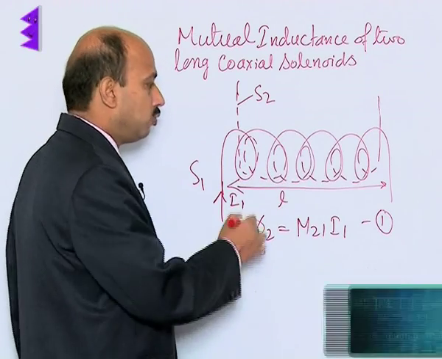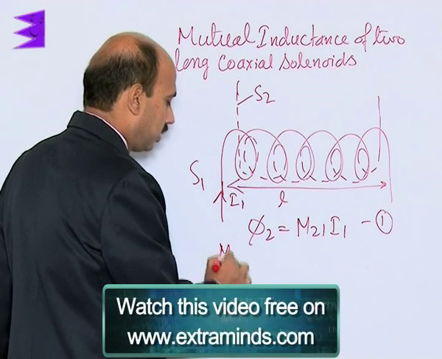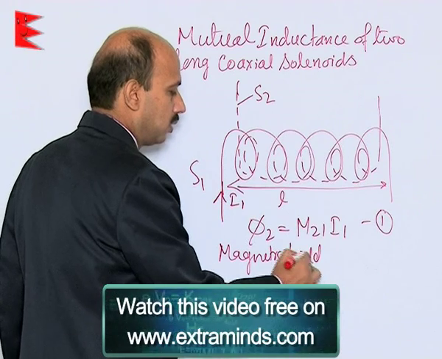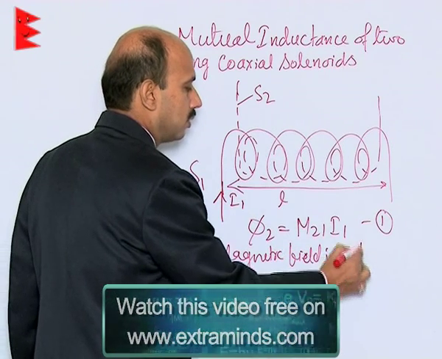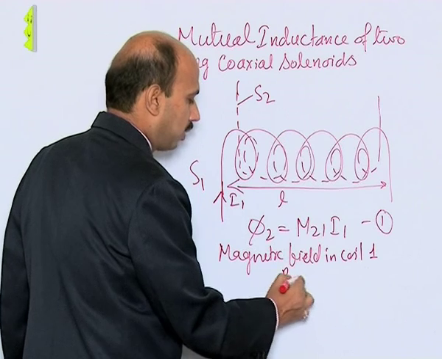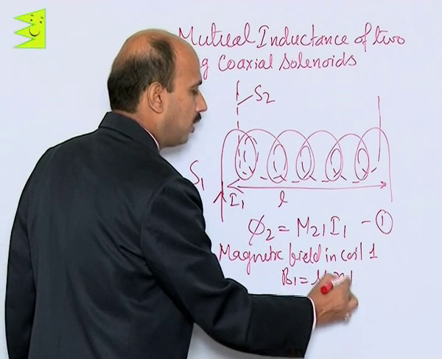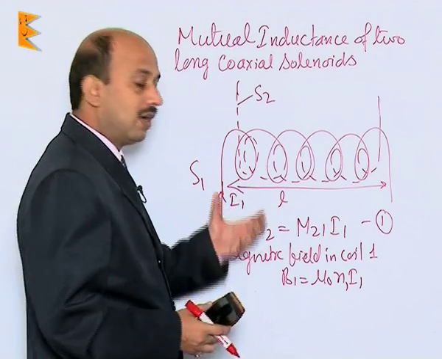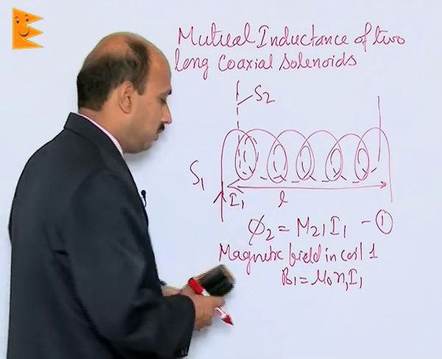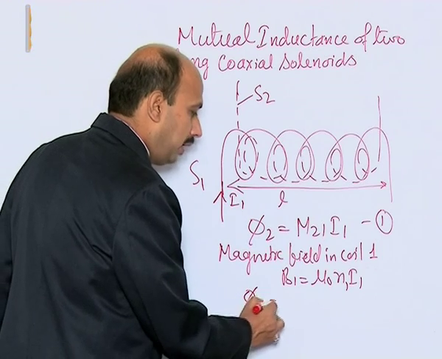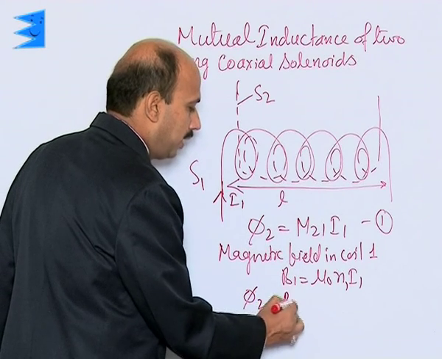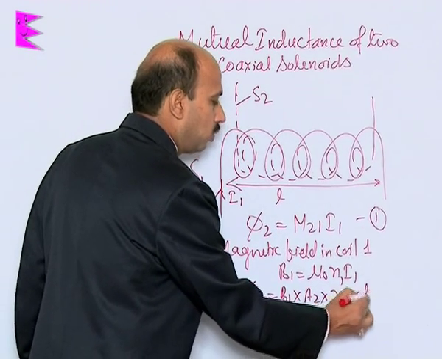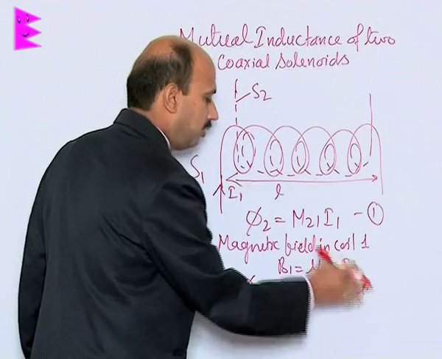Now, we can also write the magnetic field in coil 1 as B1 is equal to mu naught N1 I1. So, the total magnetic flux linked with solenoid 2 can be written phi 2 is equal to B1 into A2 into the total number of turns in the coil S2.